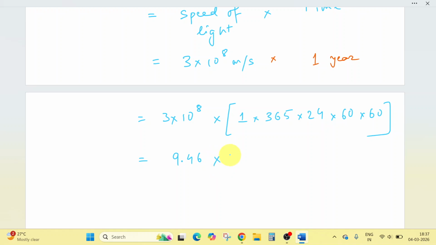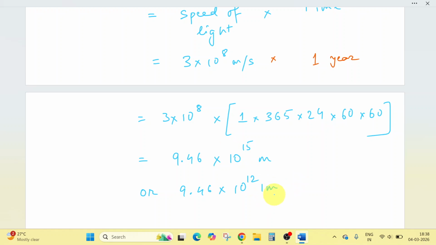Or in kilometer if you express, it will be 3 less, right? Because I am using a bigger unit, so it will be 9.46 divided by 1000, so it will be 10 to the power 12. 3 will be reduced, cancelled. Okay, kilometer.